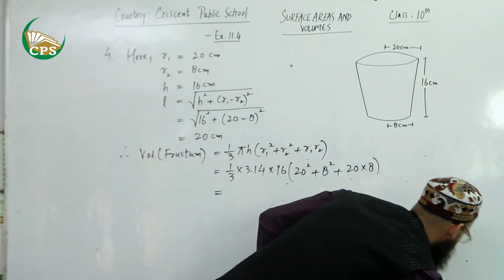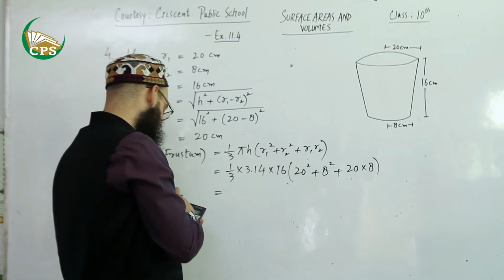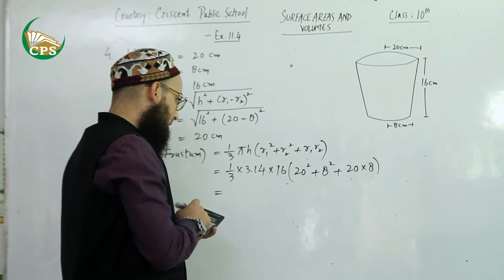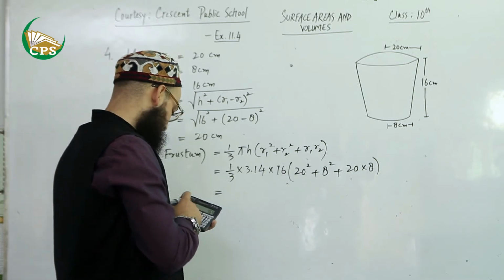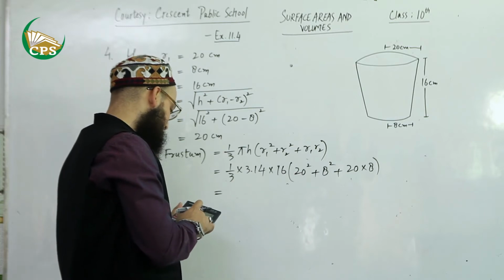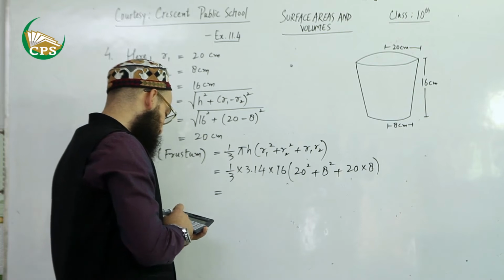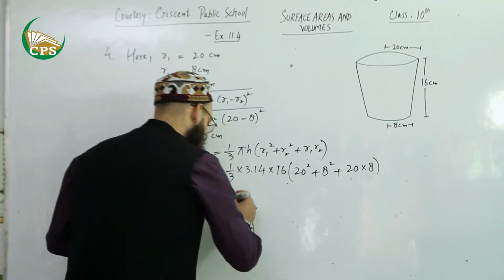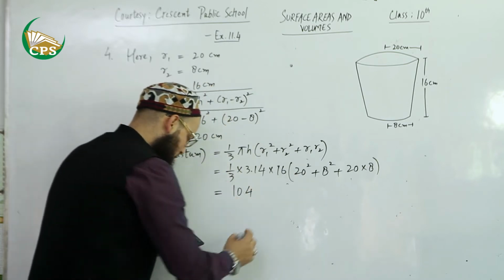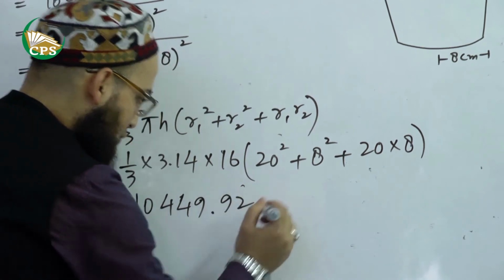Now let me solve this. You get 400 plus 64 plus 160, then times 16, then times 3.14, then divided by 3. So you got 10449.92.